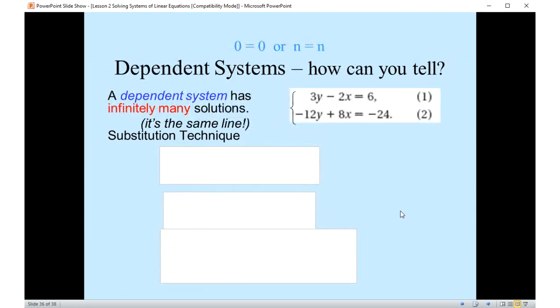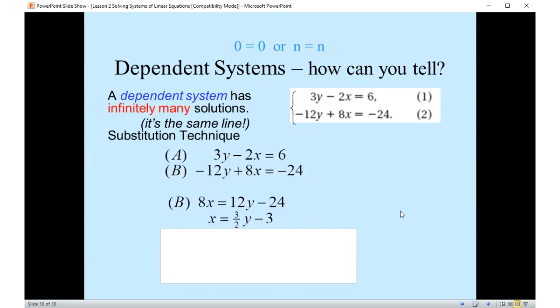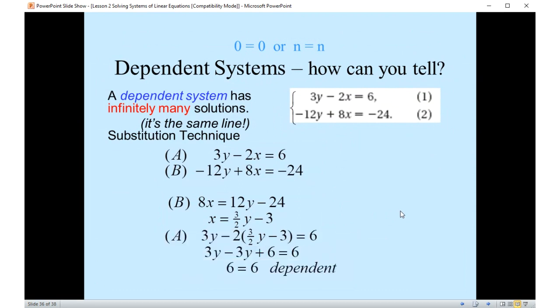Here are dependent systems. That means they're the same exact line. How can we tell? Well, if you solve one for x, and then you substitute, you get 6 equals 6, which is always true, which means they're the same line, so they have an infinite number of solutions.